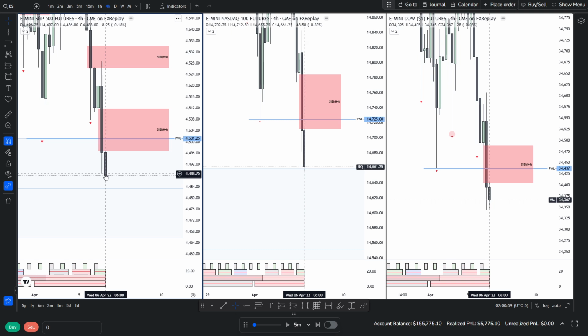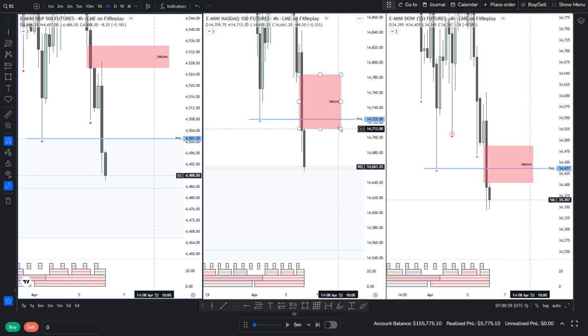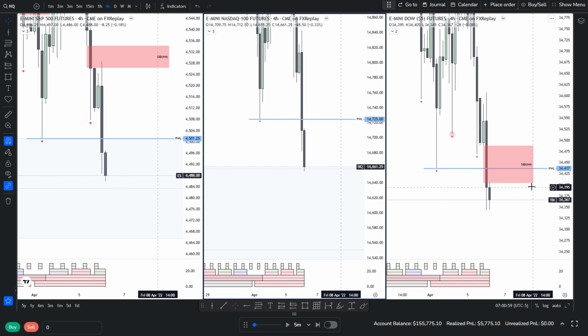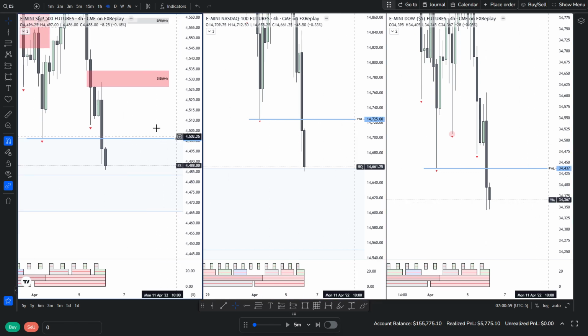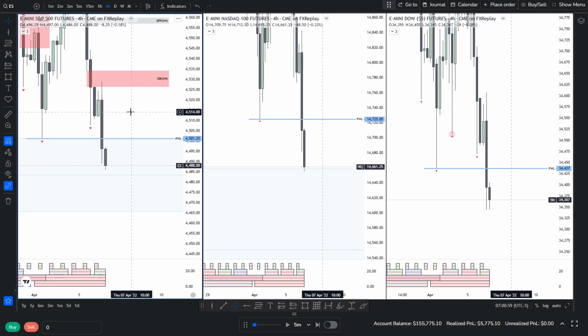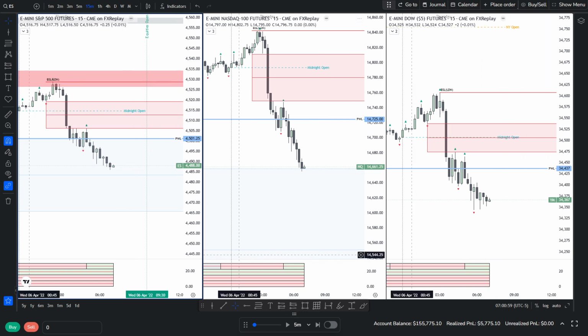I probably shouldn't have marked this, so I'm going to take it off, because until that 6 o'clock candle closes, until 10 o'clock, which is 3 hours away, it's not really an imbalance as of yet. This candle is still in operation, so I'm going to remove that. Let's play price on. We'll use 5 minutes till we get to 8:30, and then we'll see where we are from there.